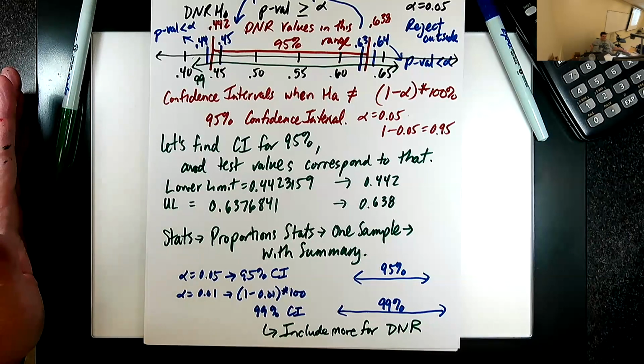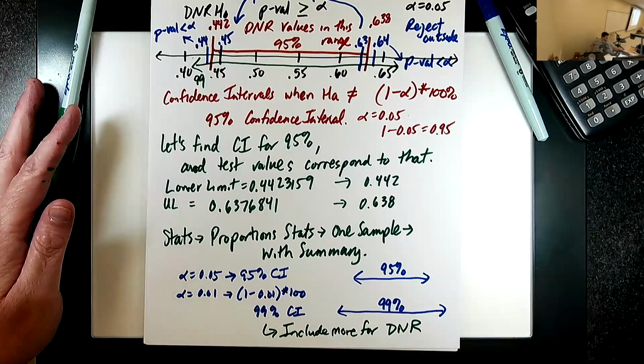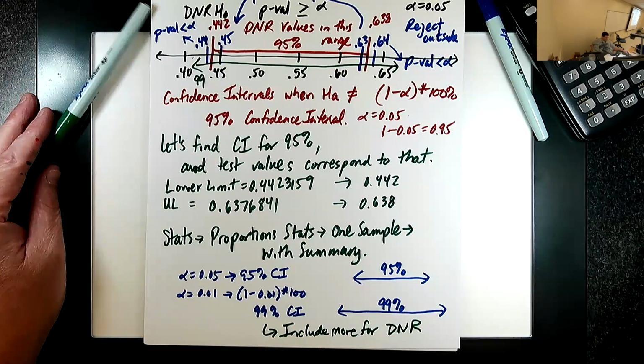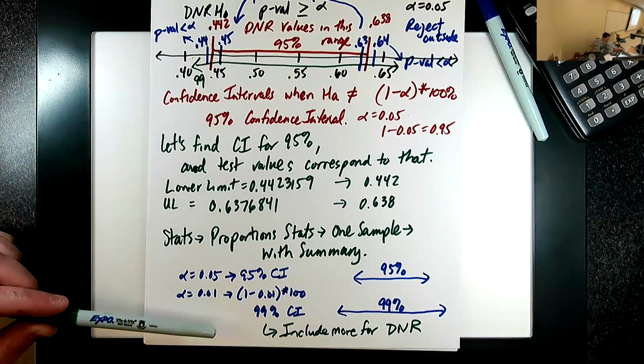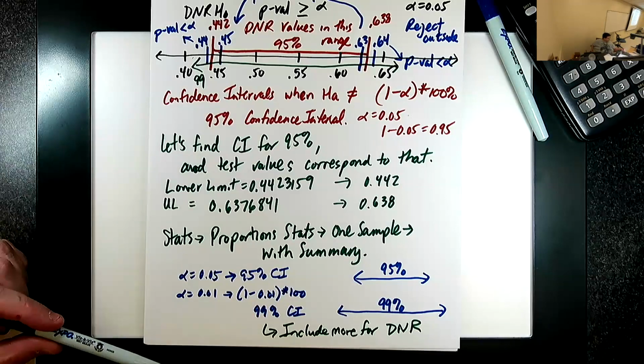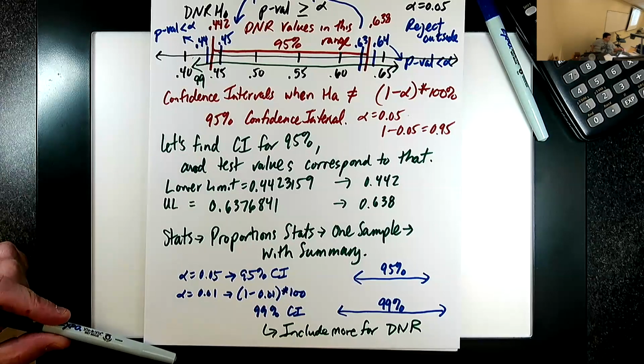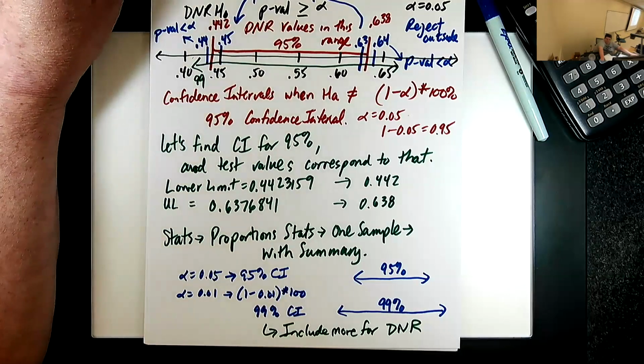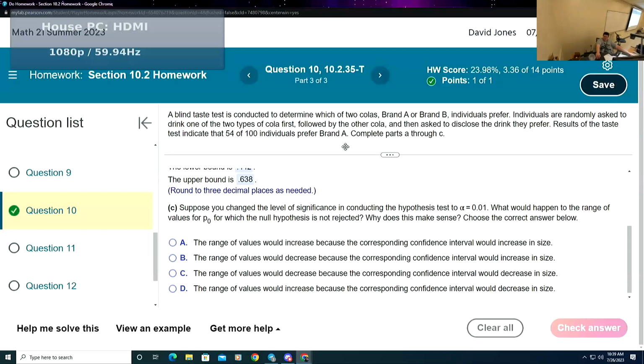We've widened our region. It's because the confidence interval goes up accordingly. When alpha goes down, confidence goes up. So the range of values would increase.